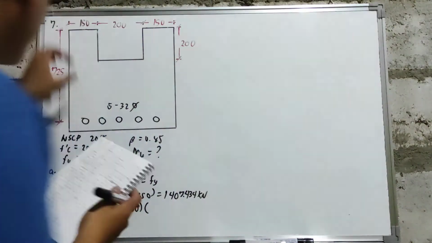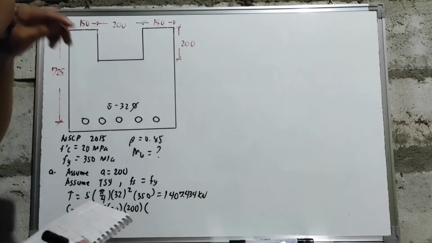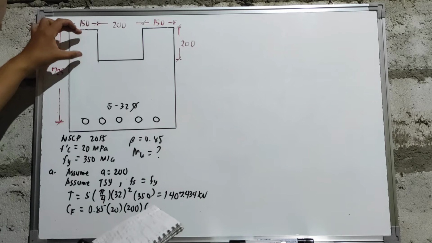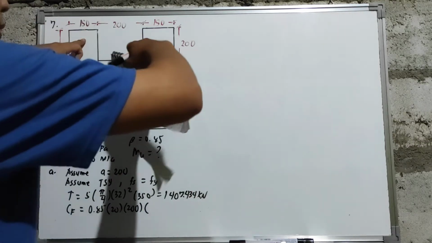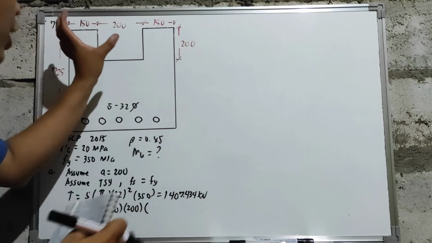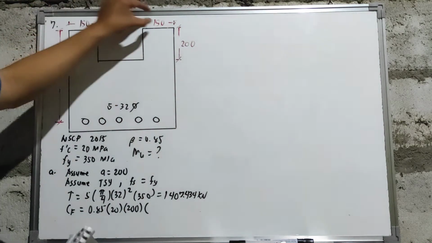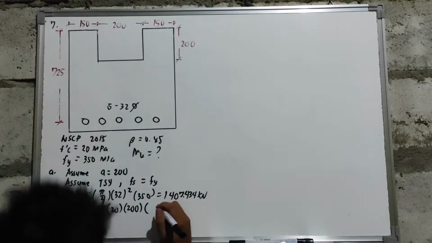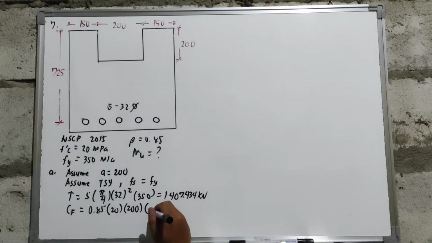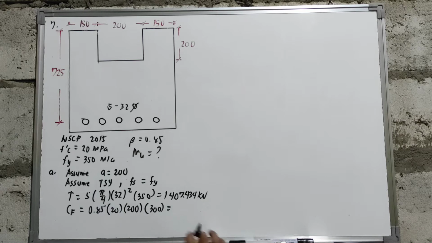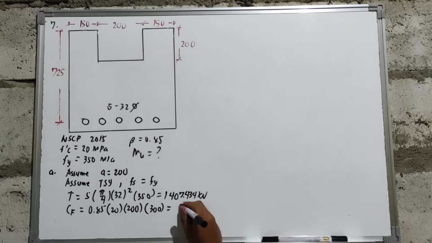So, ina-assume natin na hanggang dito yung compressive force natin. So, meaning to say, etong dalawang area natin, pwede natin silang pagsamahin. So pag-unite na lang natin yung dalawa, meron tayong 150 plus 150, so yung value ng width natin will become equal to 300. So yung value ng C natin is now equal to 1,020 kilonewton.